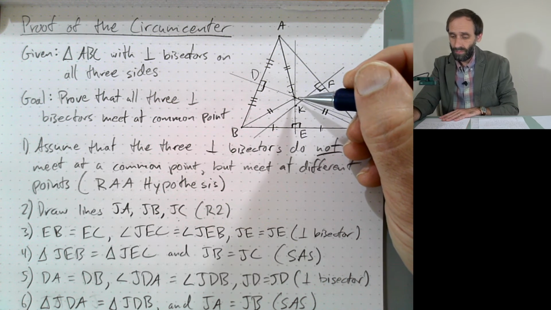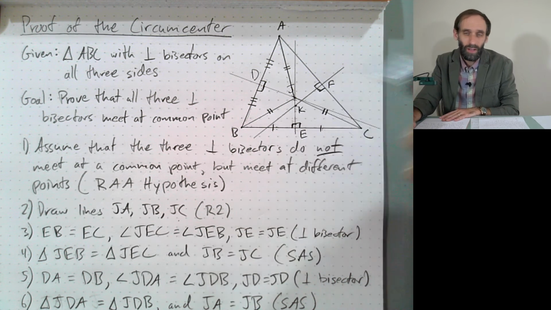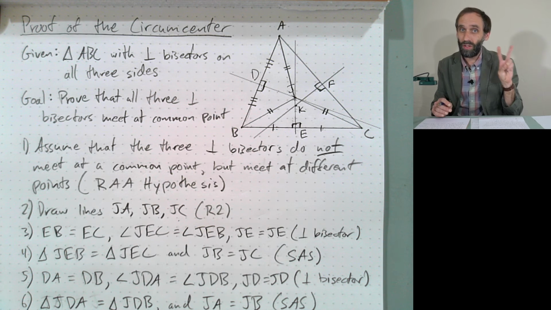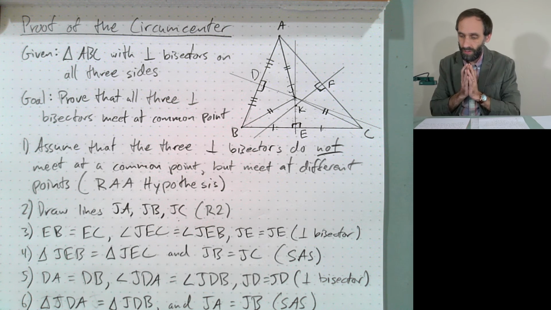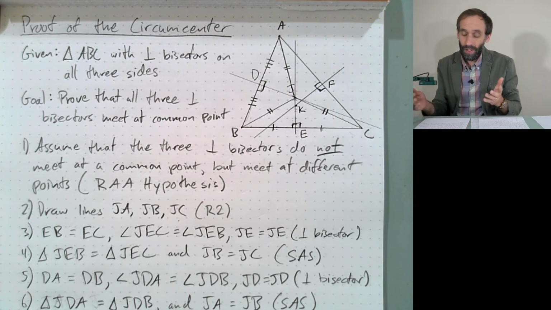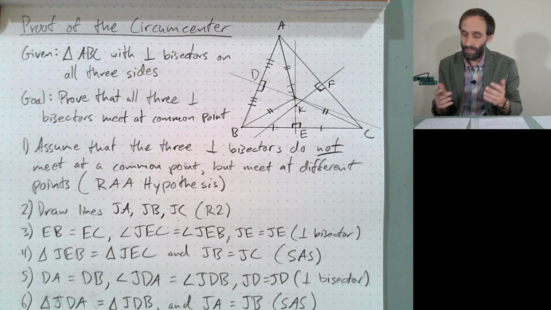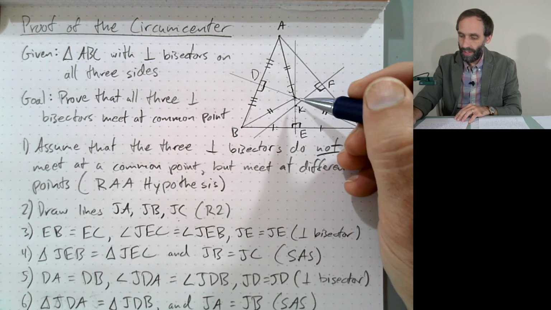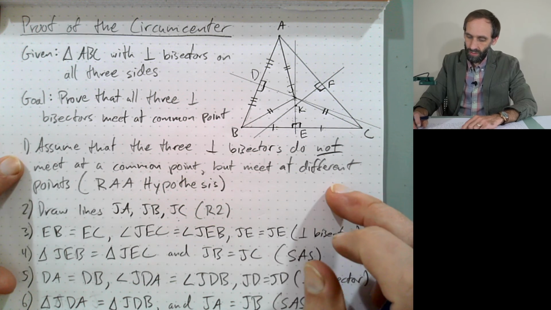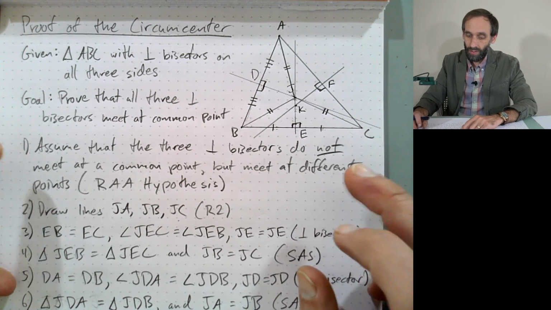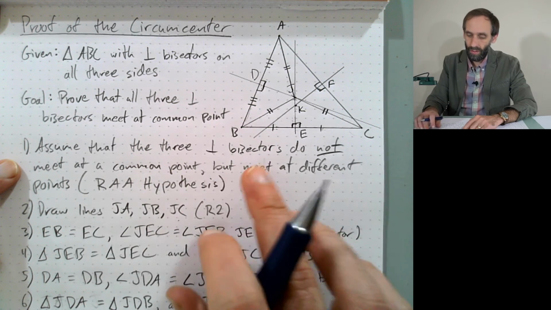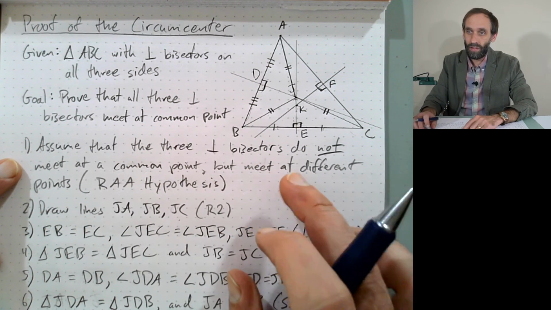So which is it? Is J the center or is K the center? Well, the fact is a triangle can't have two different centers, right? So it turns out that J and K are actually the same point. And that will be sufficient to cause us to reject the RAA hypothesis right here.